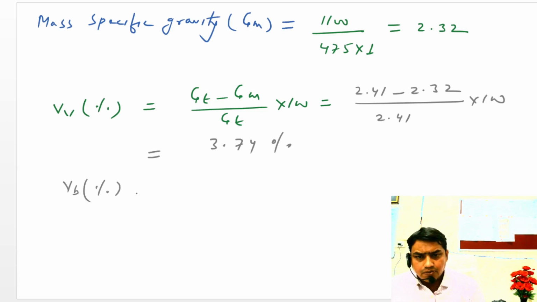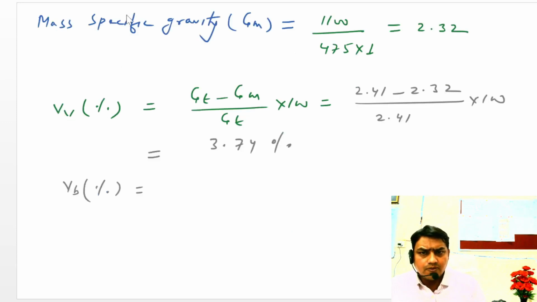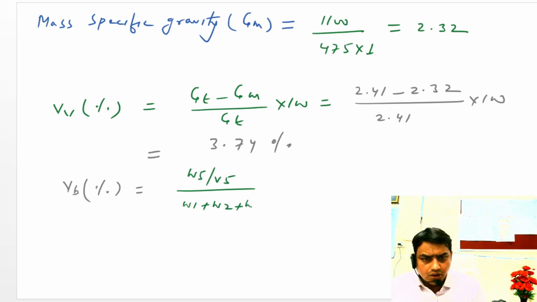So VB can be computed as weight of bitumen, W5 by G5, divided by W1 plus W2 plus W3 plus W4 plus W5 divided by GM, into 100.